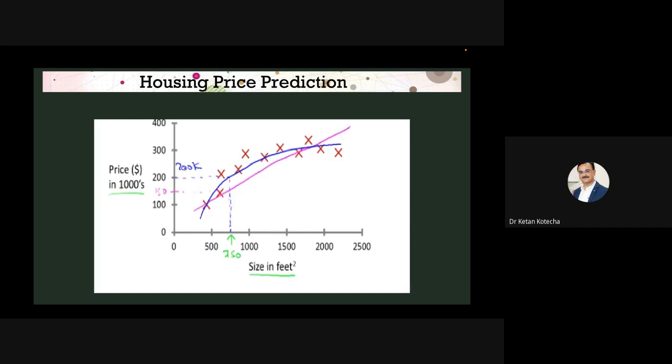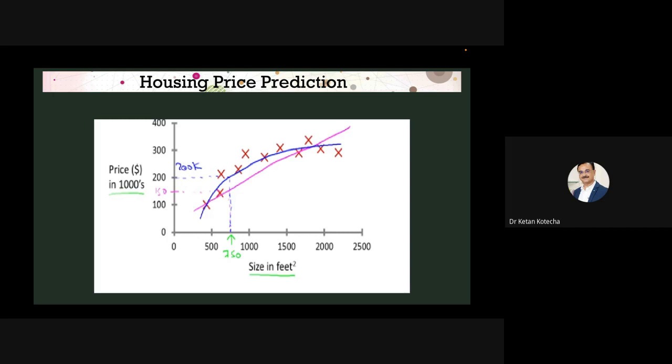This is the simplest example, and this will be recapped again while discussing underfitting and overfitting. You have been given different data points. The red cross marks are my data points, whereby on the x-axis I have the size of a house. It's a housing price prediction. And on the y-axis, this is the cost of the house.